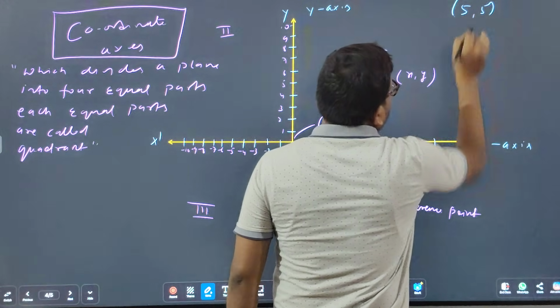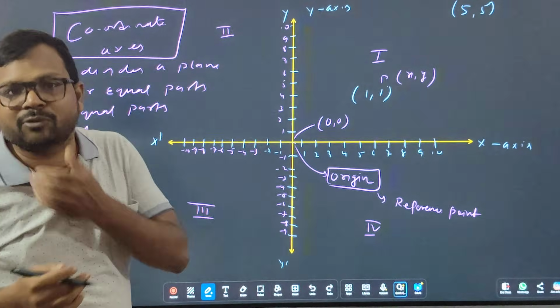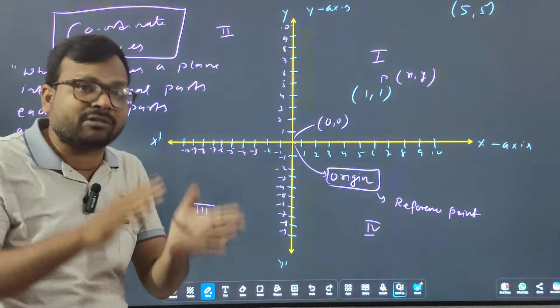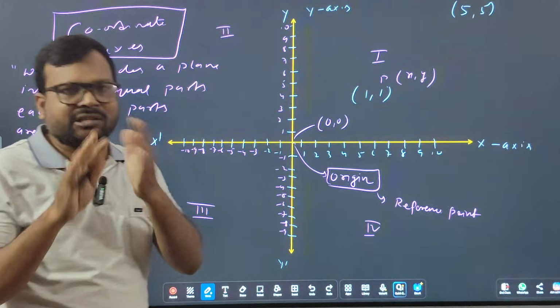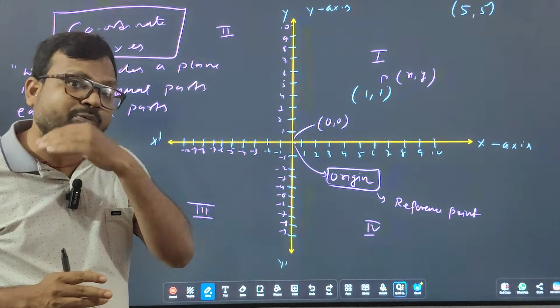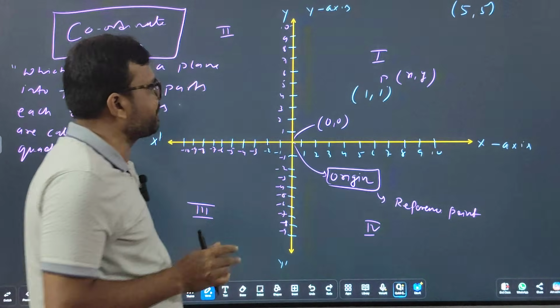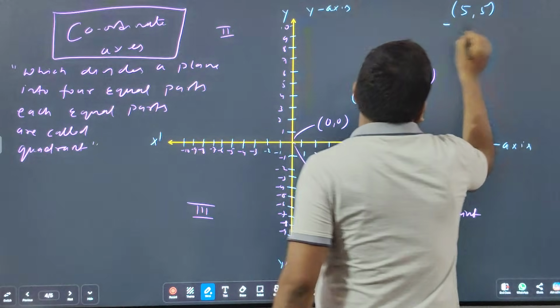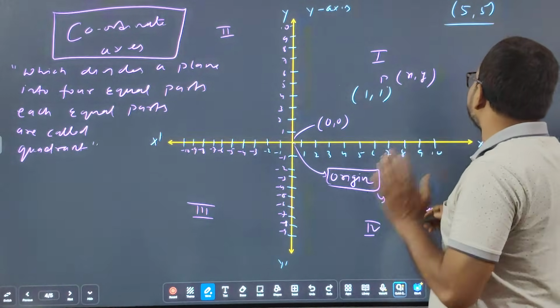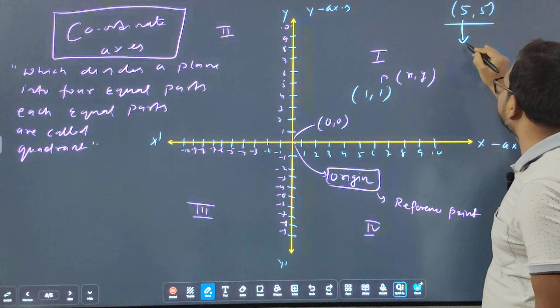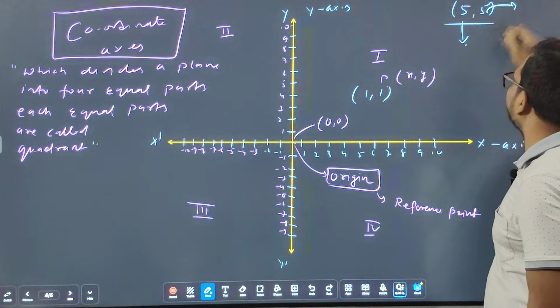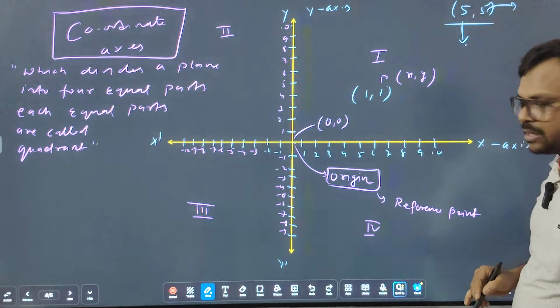You have to plot it. Now we are going to plot the points, taking it from the basics. 5, 5 we have to plot. It means we have to move on the x-axis 5 units and on the y-axis 5 units.